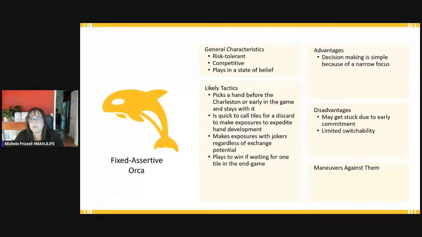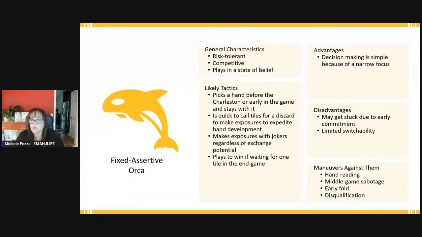The disadvantage is that they get stuck in the early game if they commit with exposures, and that limits their switchability. The maneuvers against them would be hand reading, middle game sabotage, but also if you fold early and block their hand development, you could keep them from winning.